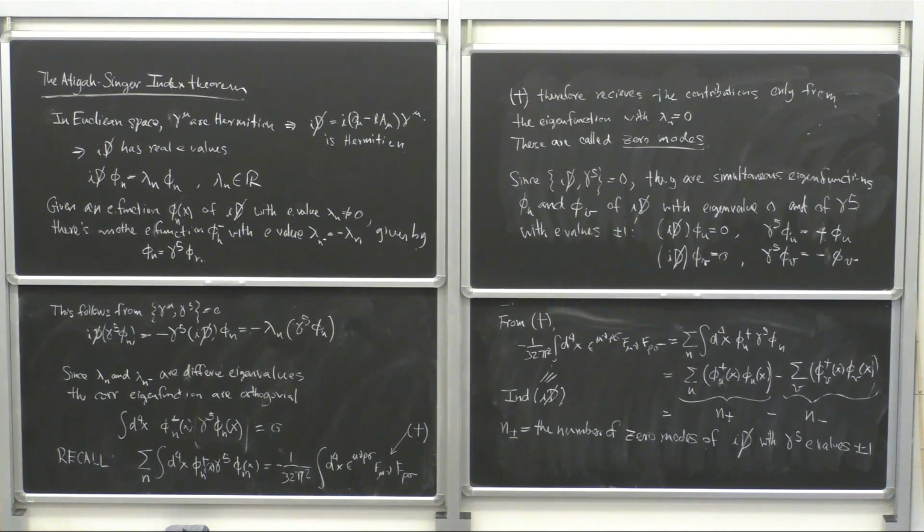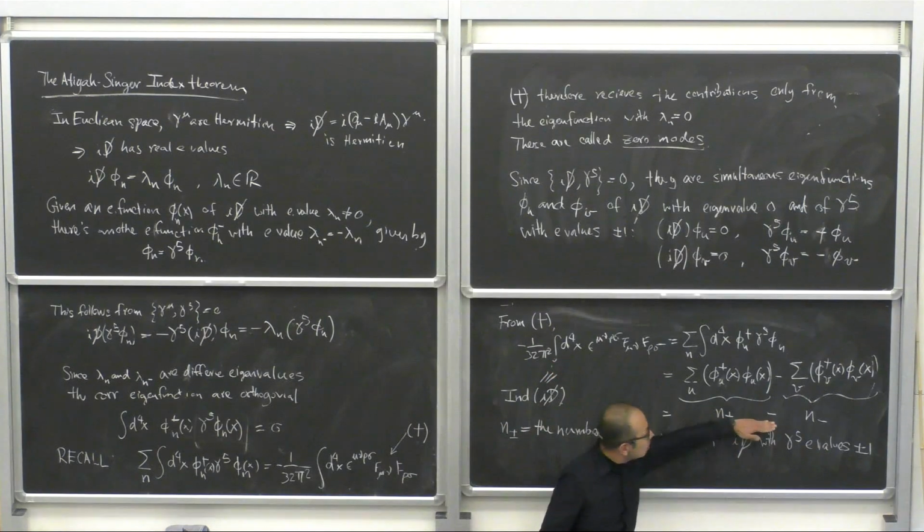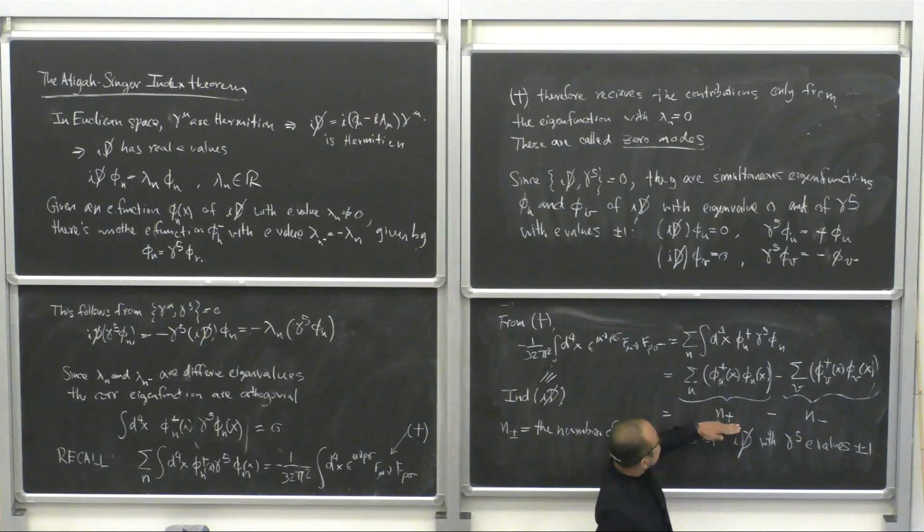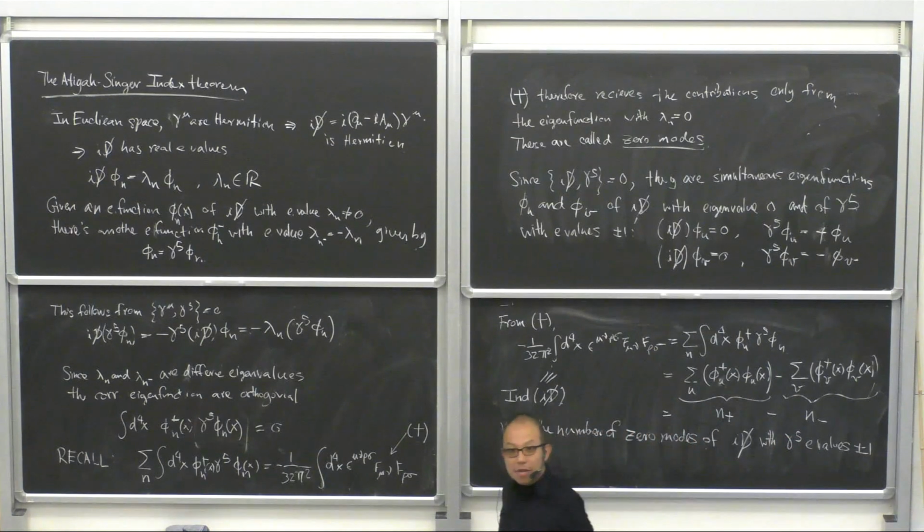Did this answer your previous question, why this is related to the index? So this is the famous Atiyah-Singer index theorem. They show that this integral is the difference between the zero modes with gamma 5 eigenvalue plus and minus.